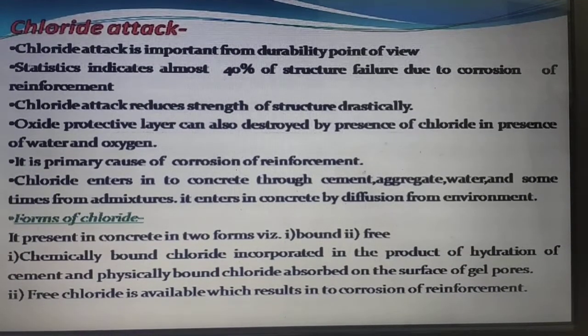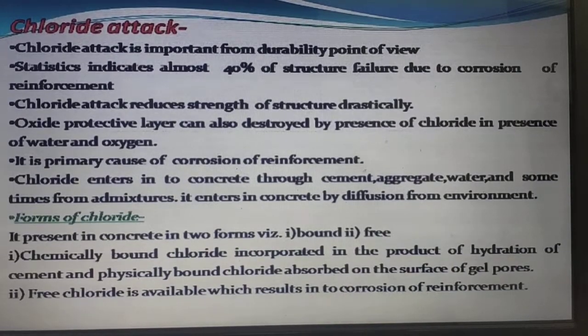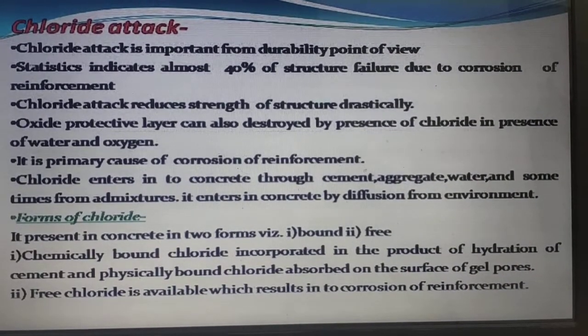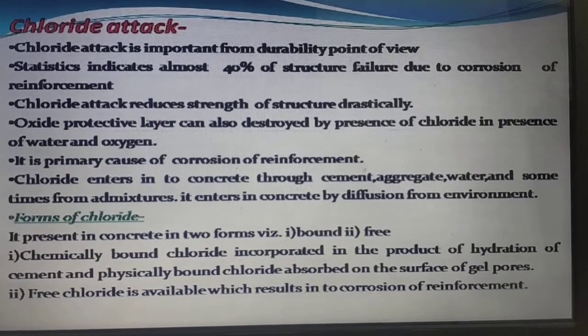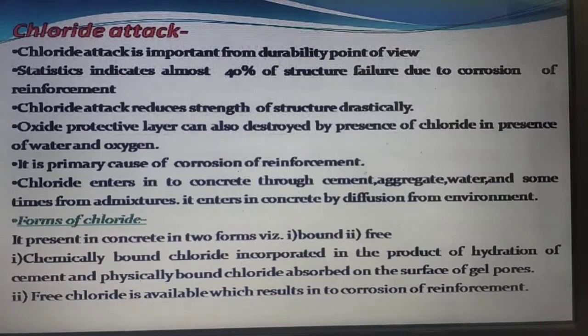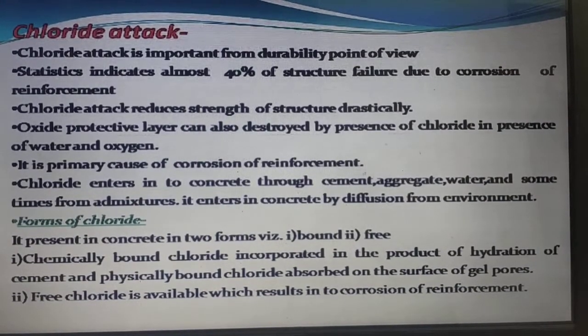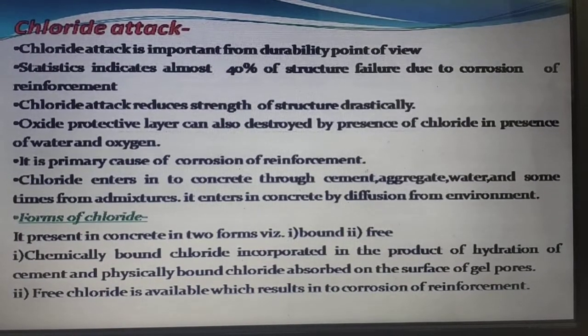What are the different forms of chloride? There are two forms of chloride: one is the bound form, and the other is the free form. The bound form is again classified into two forms: chemically bound and physically bound.